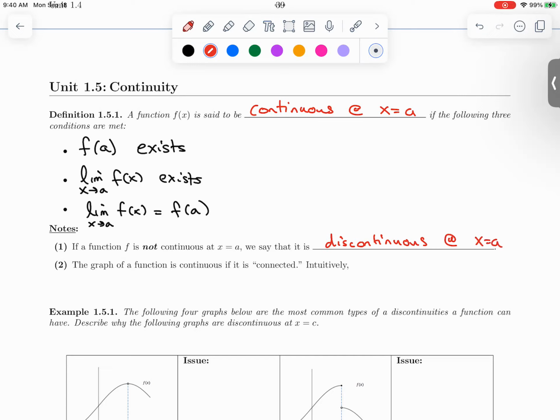We said it is discontinuous. And if you want to know graphically what it means to be continuous, it means that your graph is connected. And what do I mean by that?